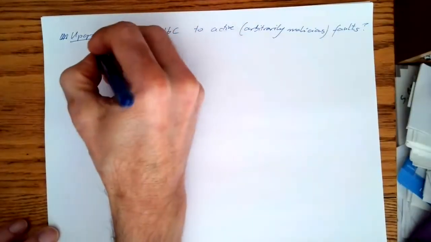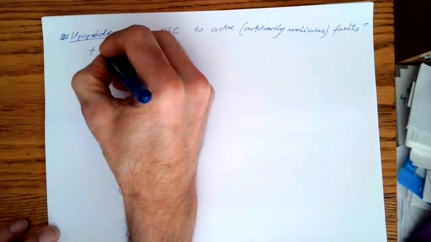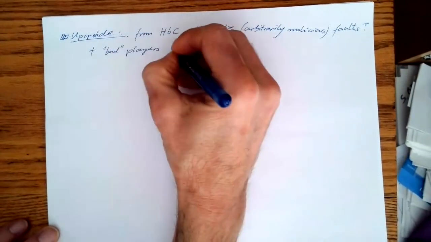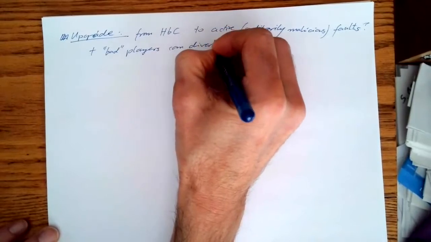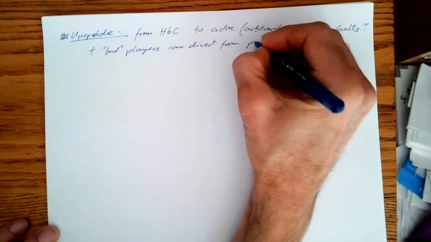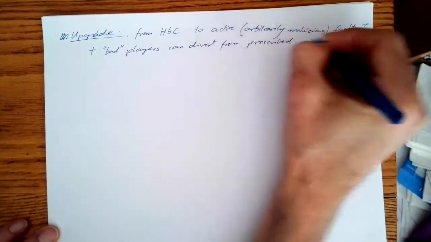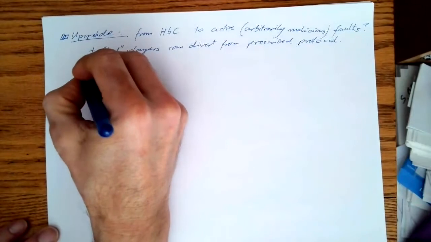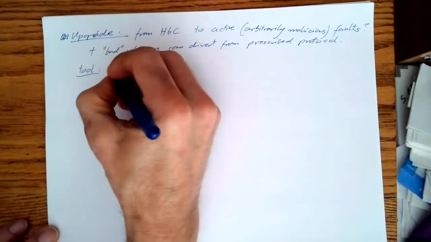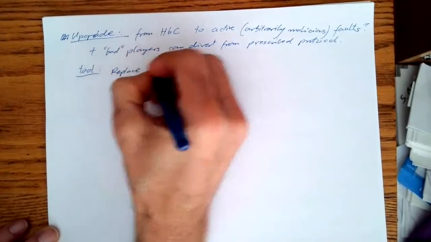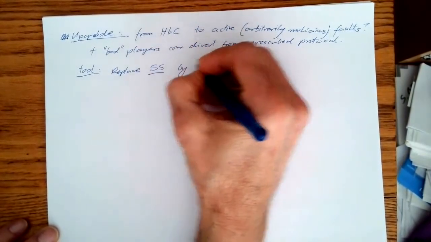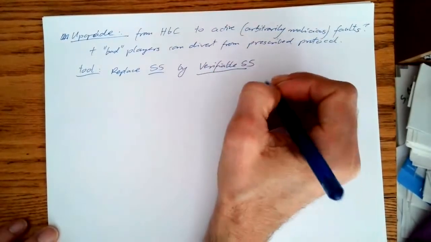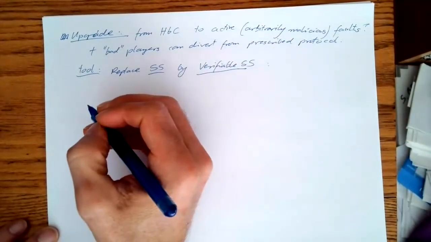In other words, the T bad players can divert from the prescribed protocol. And the basic tool would be to replace secret sharing by verifiable secret sharing. What's verifiable secret sharing?